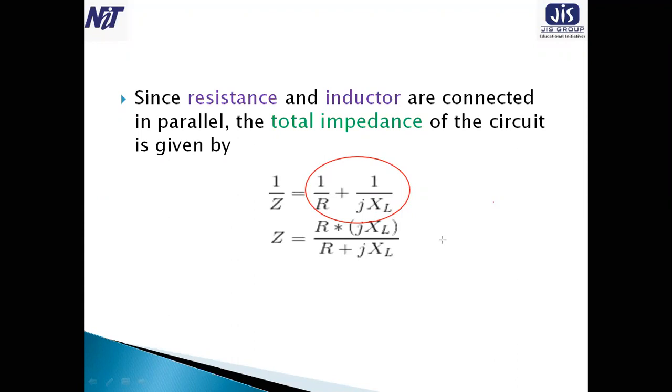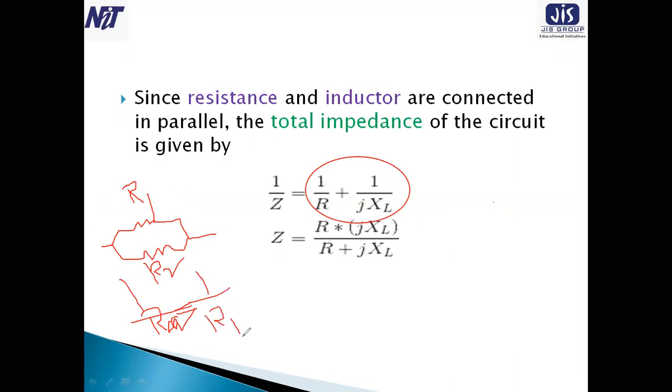When something is connected in parallel, we know that in the basic parallel connection, if it is R1 and R2, and the equivalent is Req, the formula is 1 by Req equals 1 by R1 plus 1 by R2.